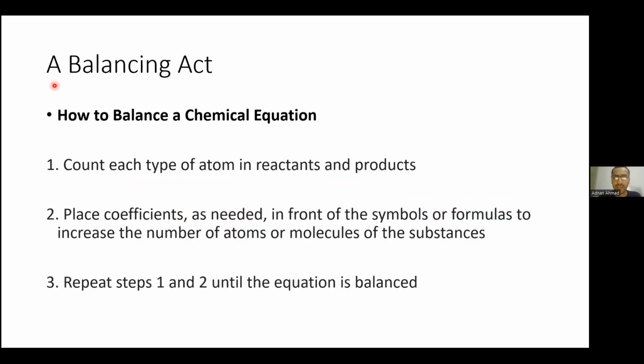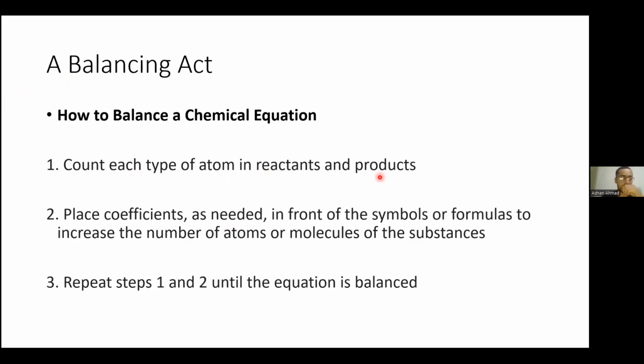So how do we balance a chemical reaction? These 3 points are very important, and we usually use them to balance many chemical equations, and they can be applied to most chemical reactions. The first is to count each type of atom in reactants and products.